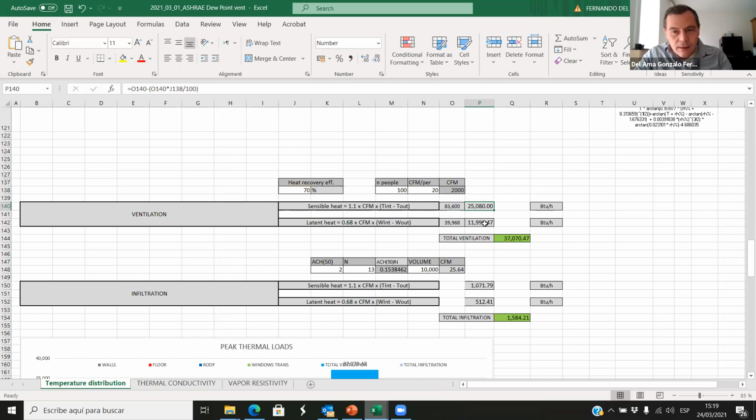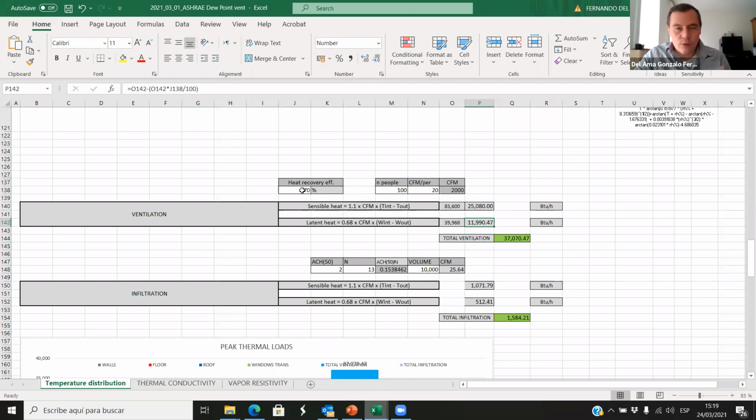And I have applied this to the sensible heat. Well, we have applied it to both, okay. Some of the heat recoveries recover sensible heat. Some others recover also latent heat. It depends. If this heat recovery doesn't work with latent heat, then you don't have to apply this efficiency to the latent heat.